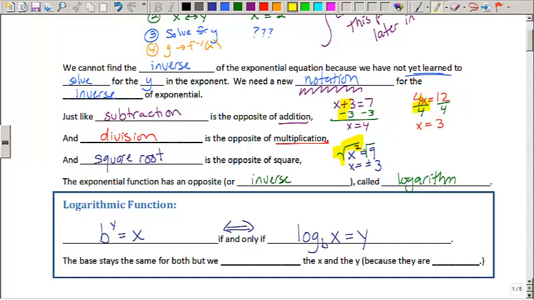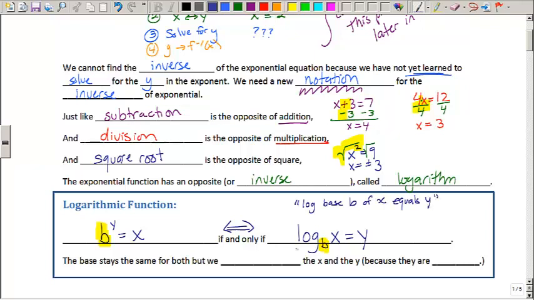There's a few things I want to note on this. Notice that my base is the same on both of them. Not only is it the same, we actually pronounce it exactly the same. When I pronounced the logarithmic equation, I said log base b of x equals y.